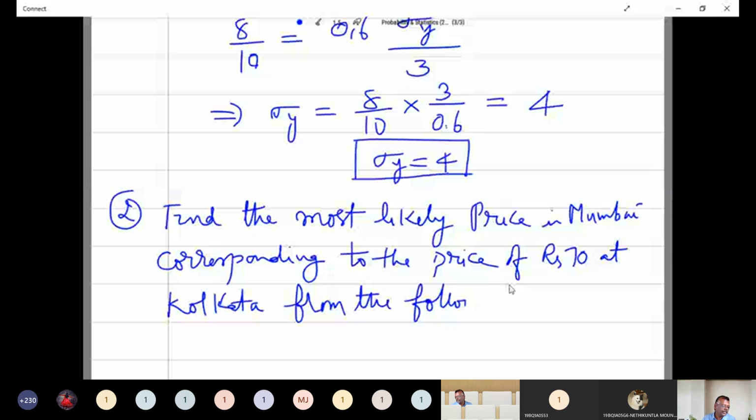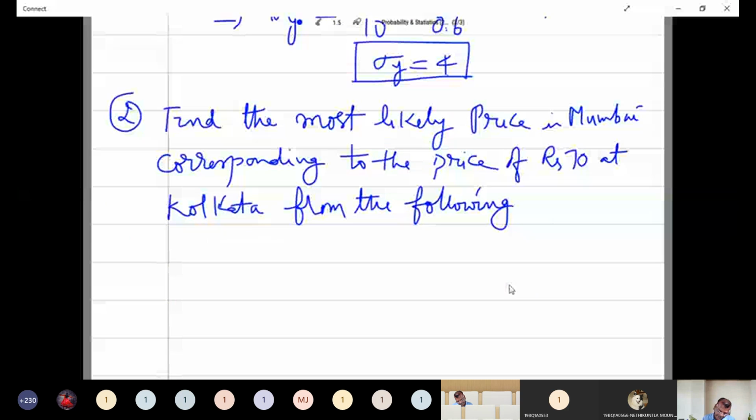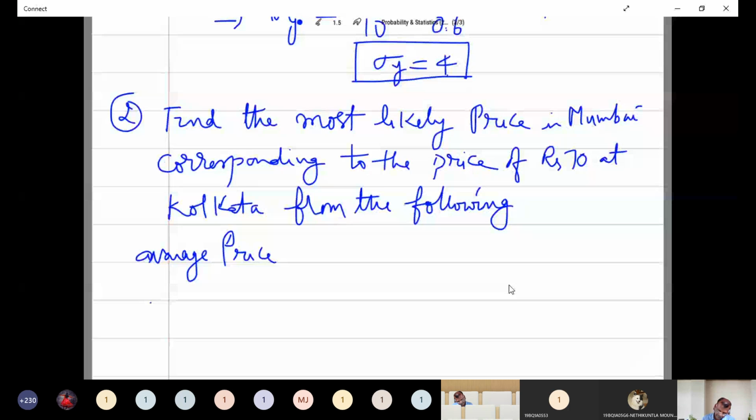Okay. Now note down the data. Average price, standard deviation. Here on the left side Kolkata, on the other side Mumbai.